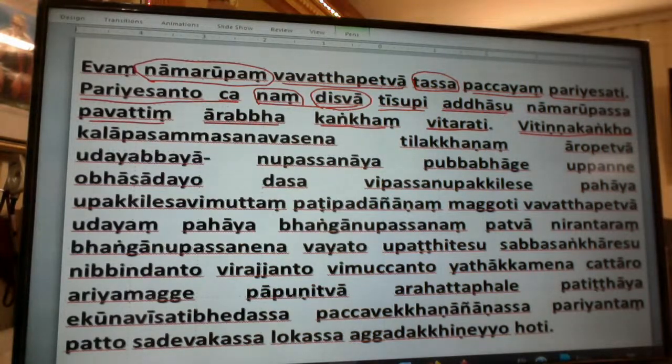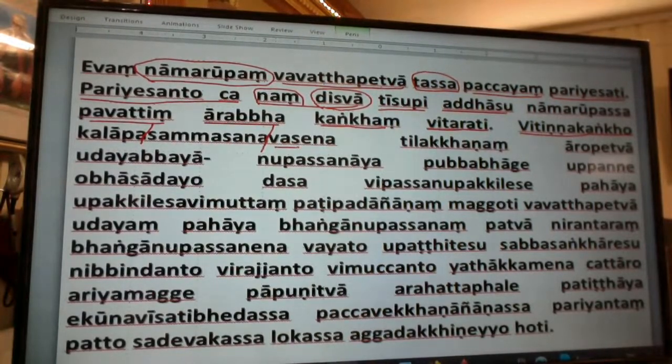Evening time, Namarupa is like this. Like this, grouping Namarupa, practice meditation. So Kalapa Sammasana: Kalapa is grouping, Sammasana is a kind of analysis.